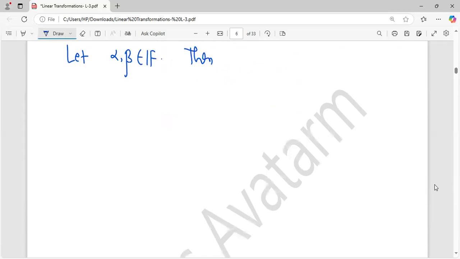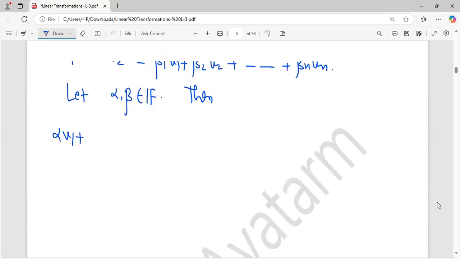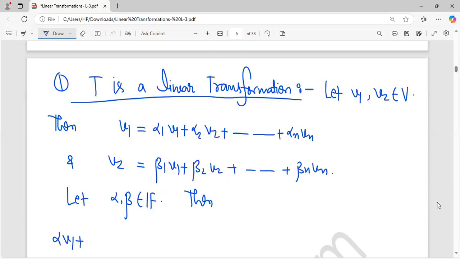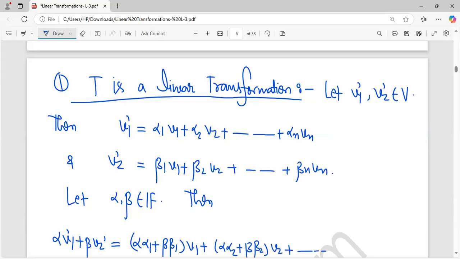Then what is alpha v1' + beta v2'? It will be equal to (alpha alpha 1 + beta beta 1) v1 + (alpha alpha 2 + beta beta 2) v2 + ... + (alpha alpha n + beta beta n) vn.